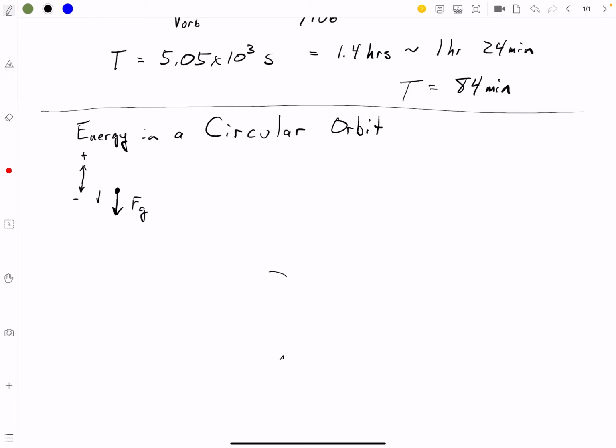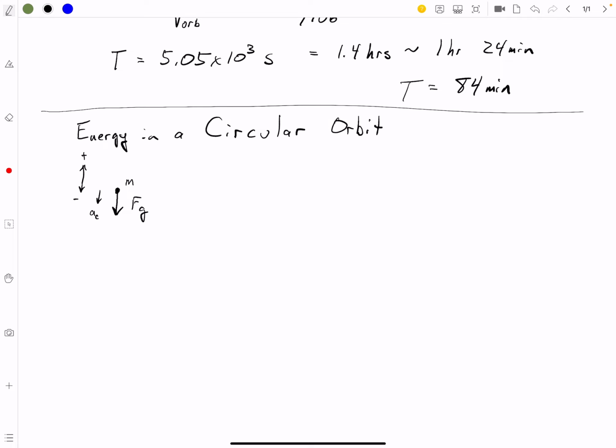Our centripetal acceleration would be pointing down. Not a force, so we're not applying it to our body of our test mass. That's our test mass.